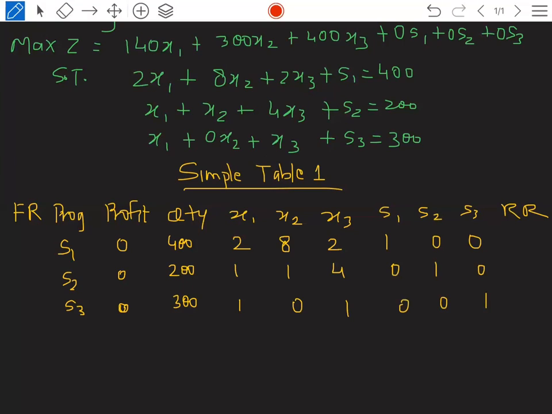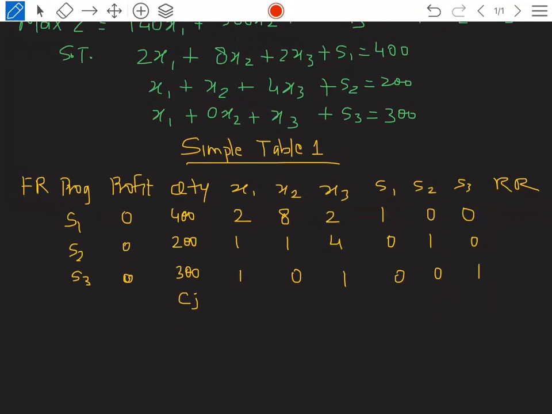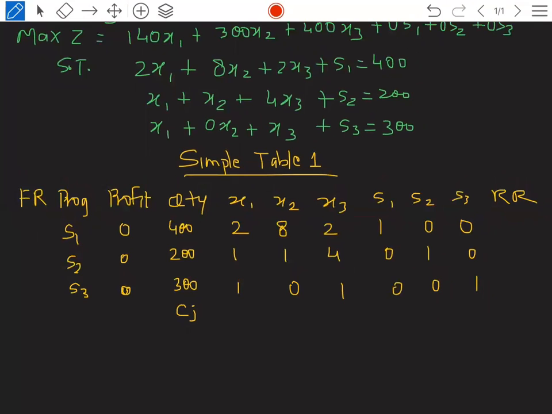Okay, so that's the main body of the table. Then, starting with the decision making, we know Cj is the gross benefit. It's written as the coefficients of the objective function: 140, 300, 400, 0, 0, 0. Then we write Zj. Zj is the opportunity cost, simply the profit multiplied by the sacrifice ratio and then adding up all of them.